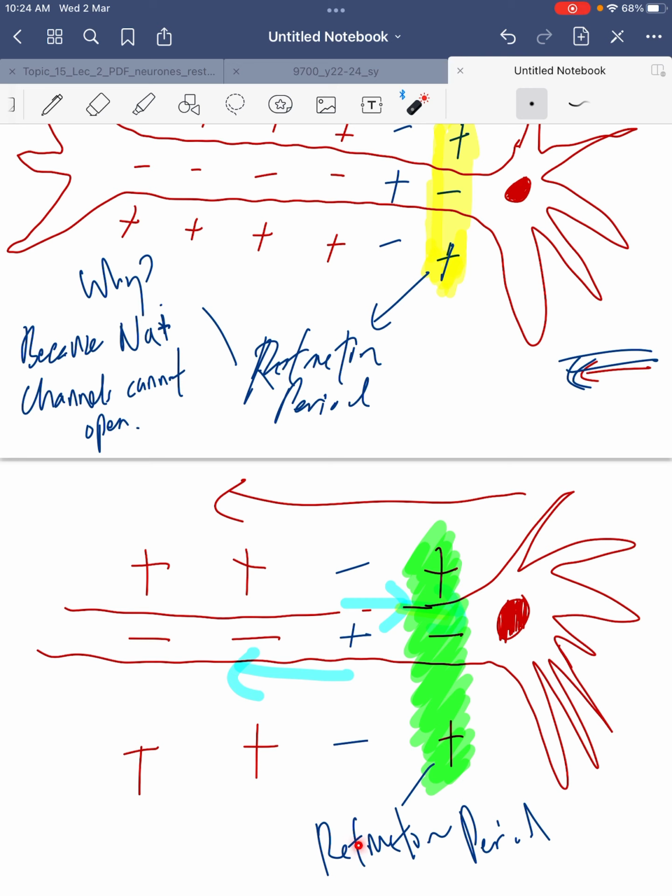Refractory period cannot be attracted. So the only way that it can go is in this direction.